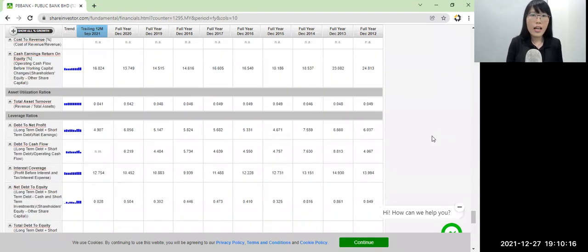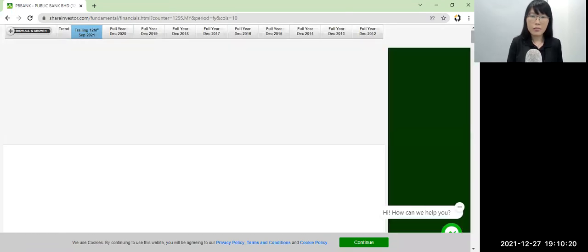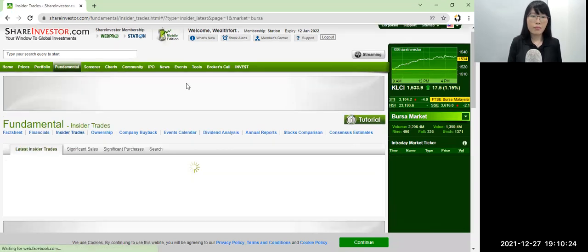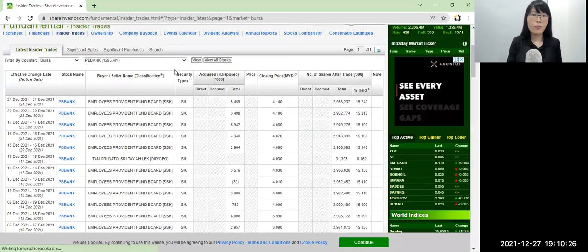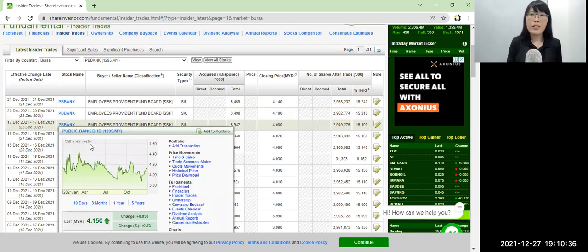Now, let us go to the insider trade. For ShareInvestor WebPro, you can find insider trades. So based on this, we can see when is the EPF is acquiring the Public Bank shares.